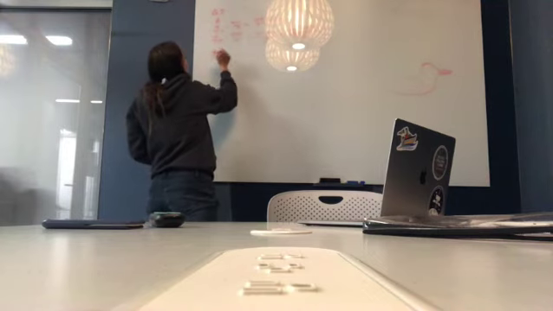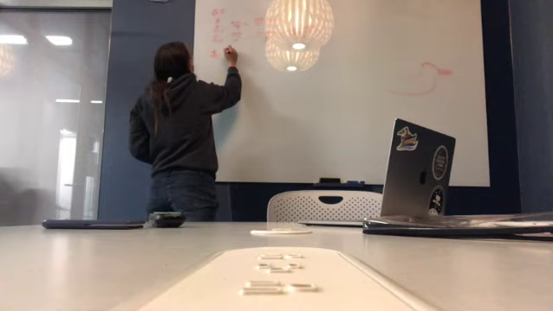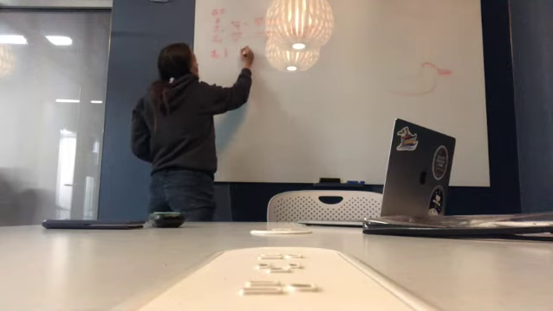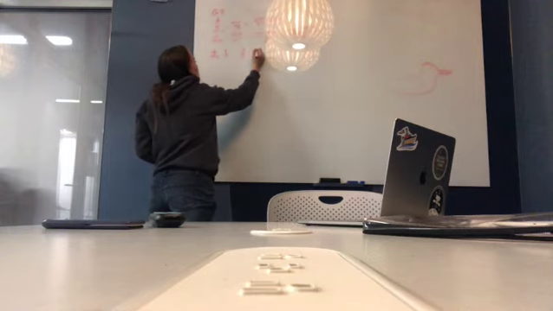So for L1, the coefficient of x is 1 over 3, the coefficient of y is 1 over 4, and the coefficient of z is 1.